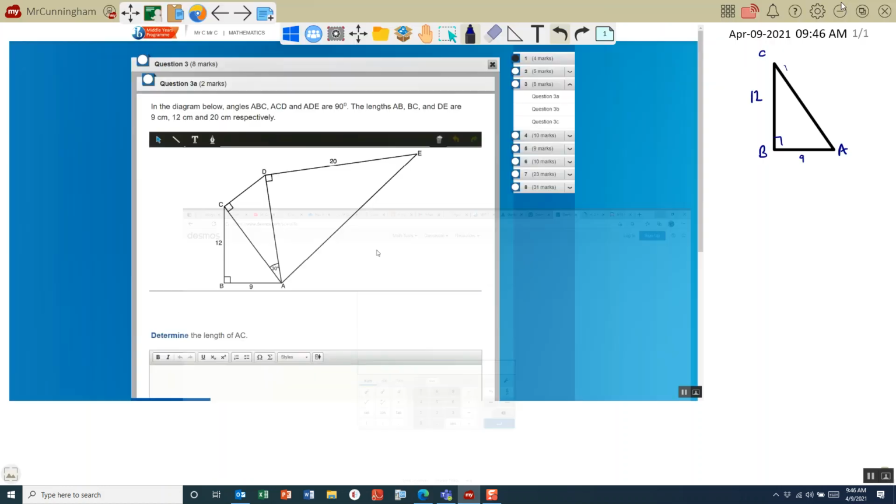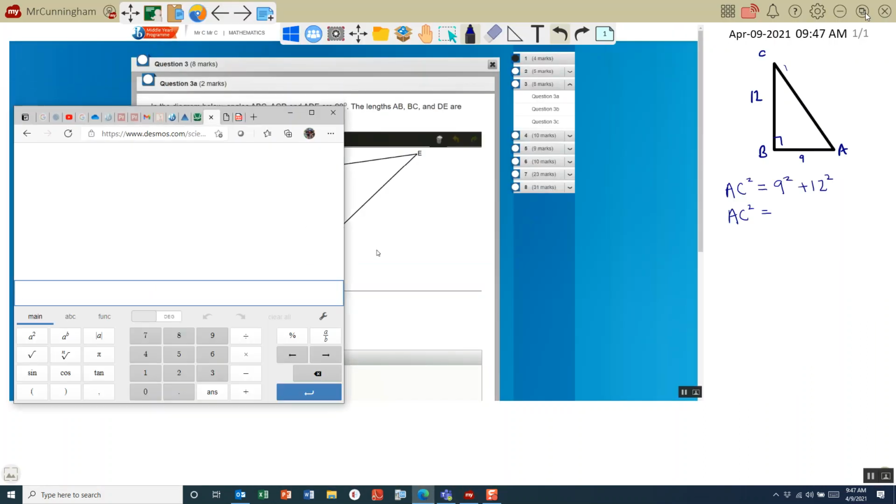So if we go back to our question, we've got the longer side, which is AC, which is what we want to find out. So AC squared equals 9 squared plus 12 squared. We can put this straight into our calculator. Nine squared plus 12 squared equals 225. And then, of course, you need to square root your answer.